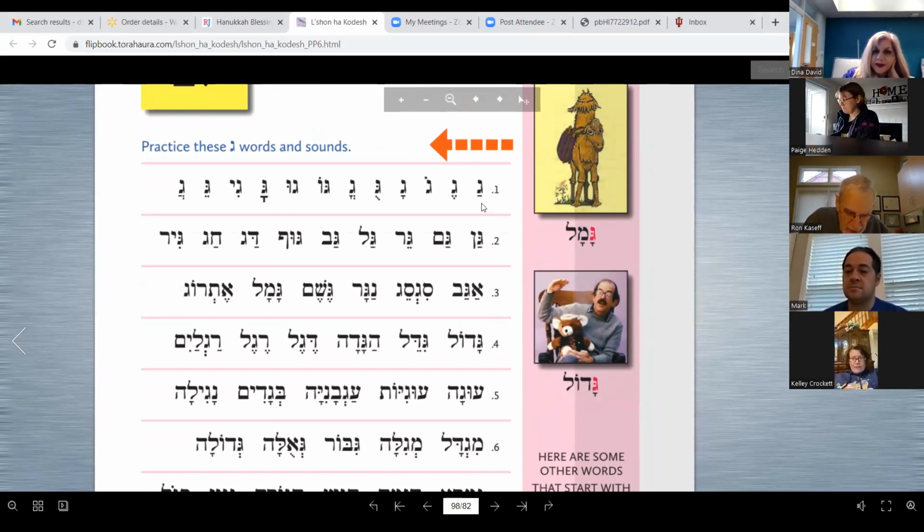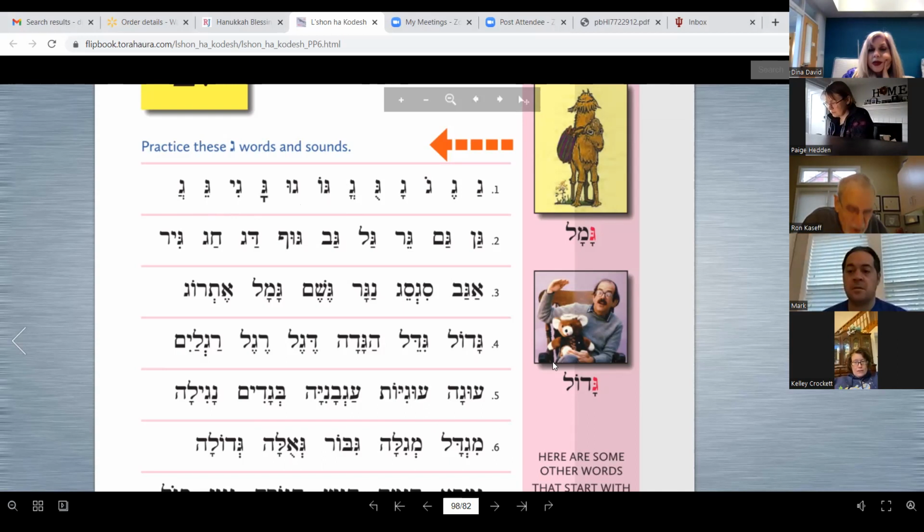Line 1. So ga, ge, go, ga, gu. Okay, so this vowel will be O. So we would say this as go. Go, gi, ge, and ga.